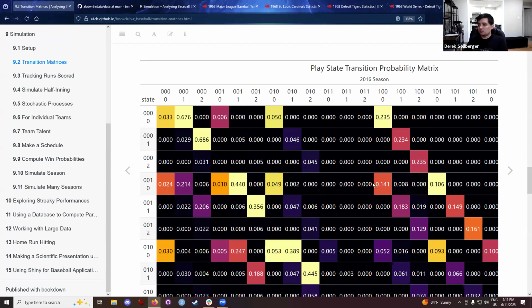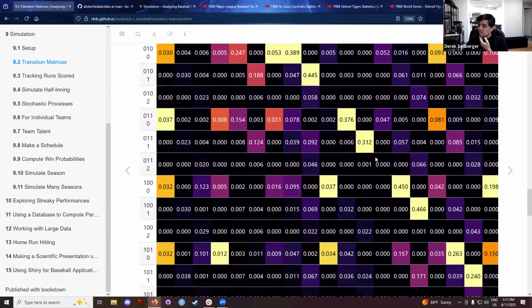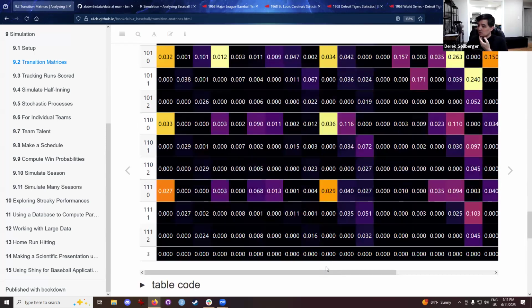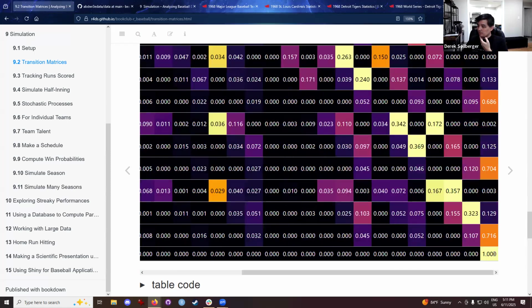The zeros, once again, stand for situations where we could not have gone backwards from, say, one out back to zero outs. And in the bottom right, once we reach three outs, this is called the absorbing state, where it stays there 100% of the time. It does not branch back out to anything else.